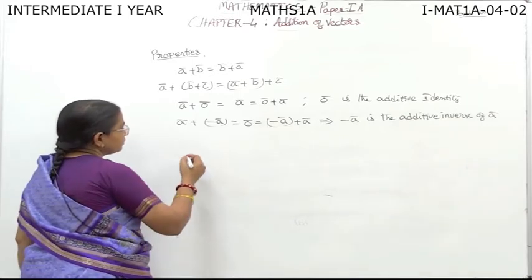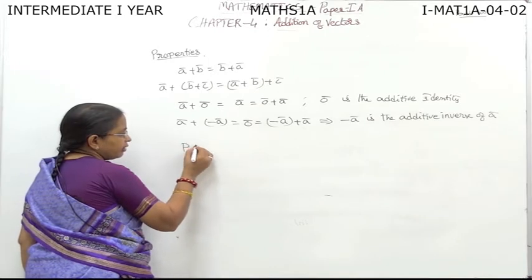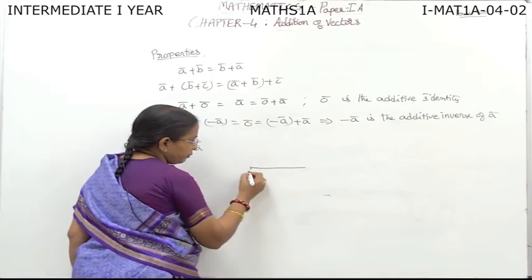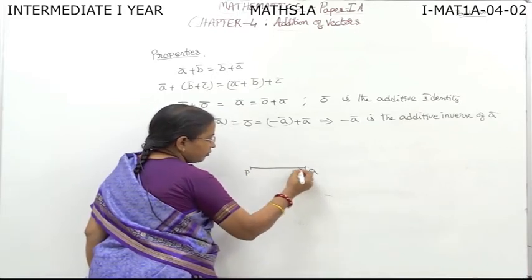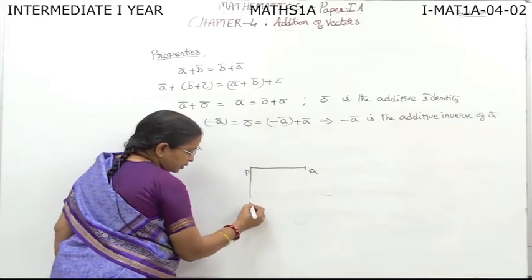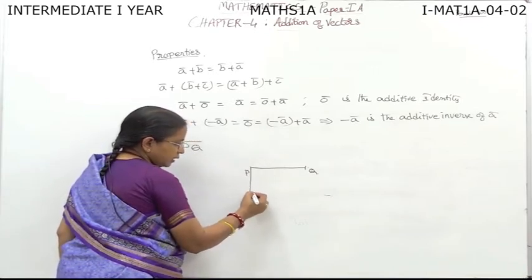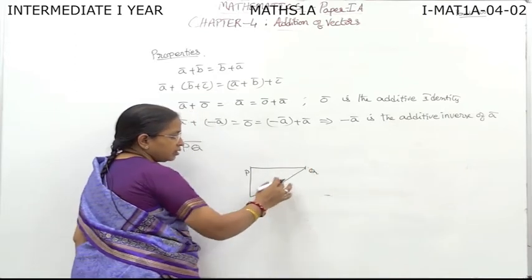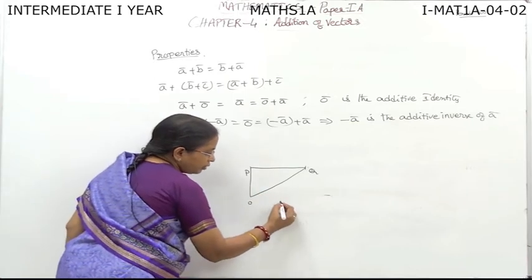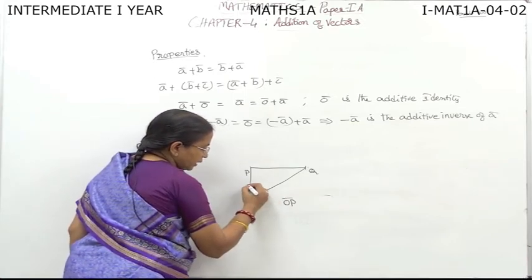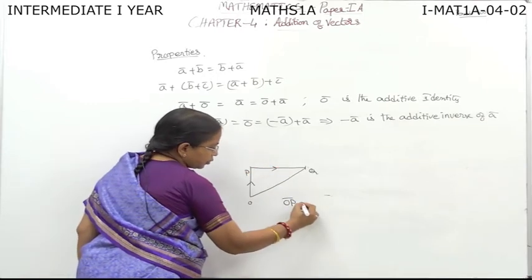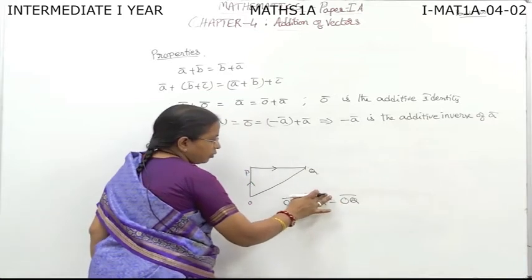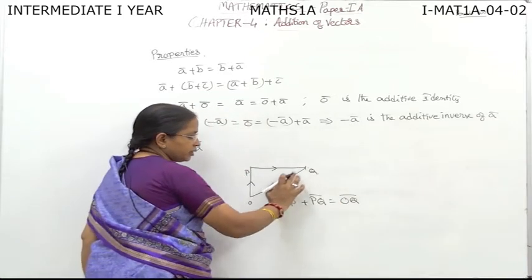Okay, next we'll find the vector PQ. Suppose you have a vector PQ, with points P and Q. Suppose the vector OP is the position vector of P and the vector OQ is the position vector of Q. According to the triangle law of vectors, OP plus PQ is equal to OQ.